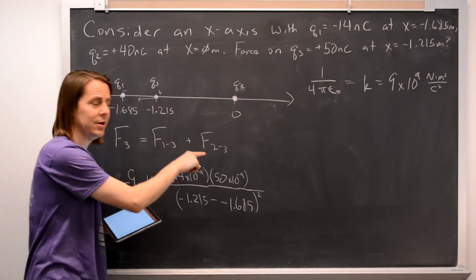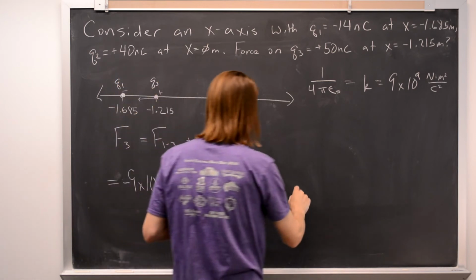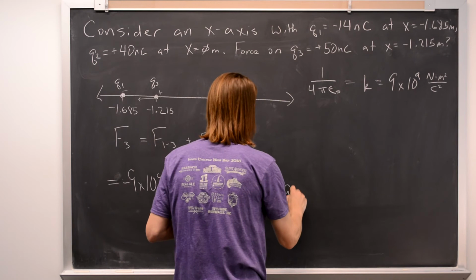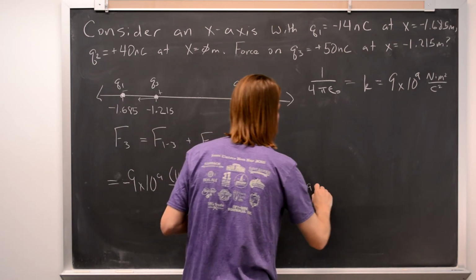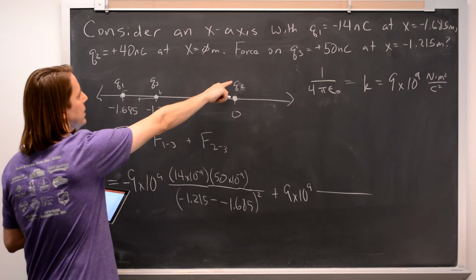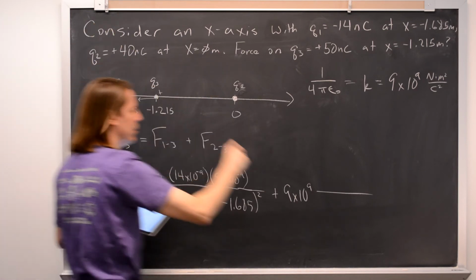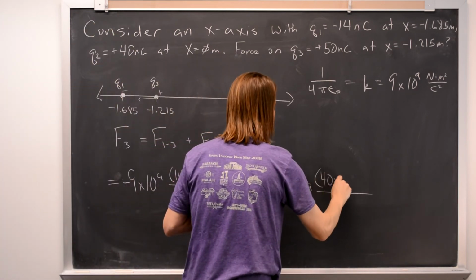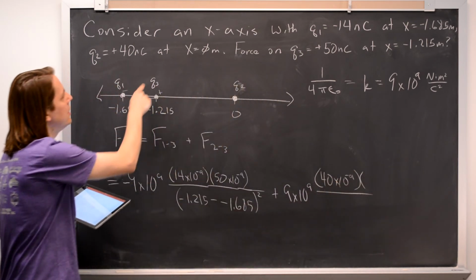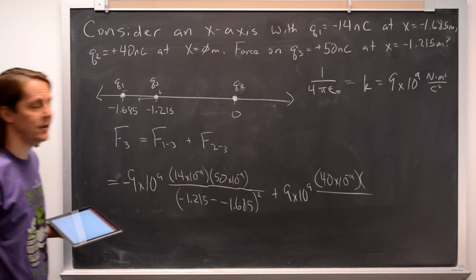Now let's do F23, same process. I'm going to write plus for now, maybe it'll be negative. 9 times 10 to the 9. All right, let's see, Q2 is 40 nanocoulombs, 40 times 10 to the minus 9. Q3 is again our 50 nanocoulombs.